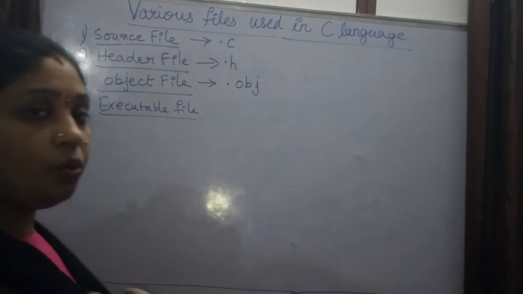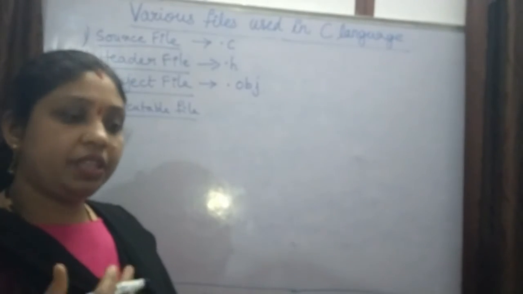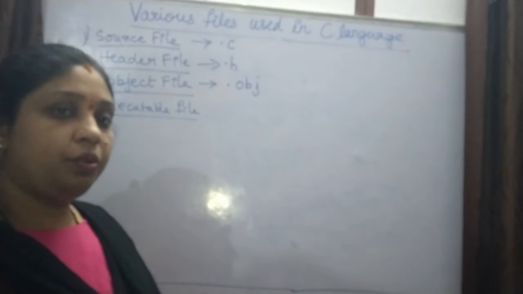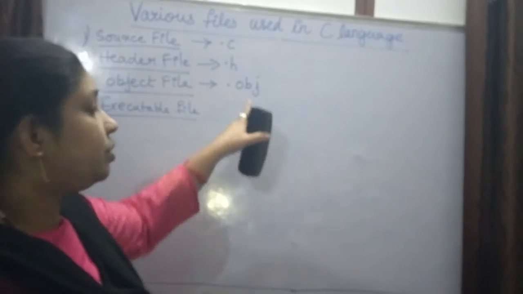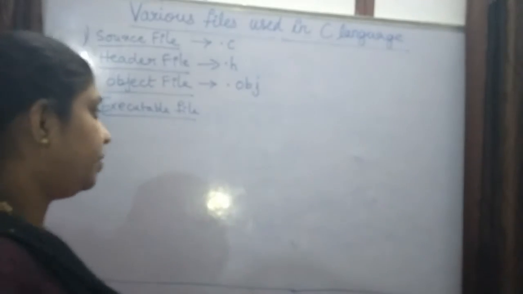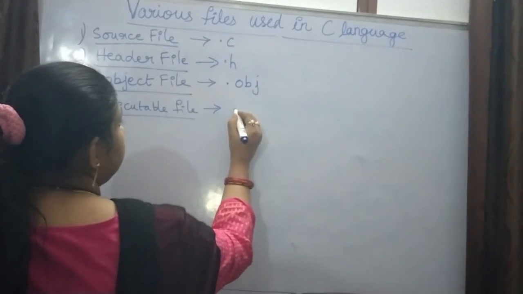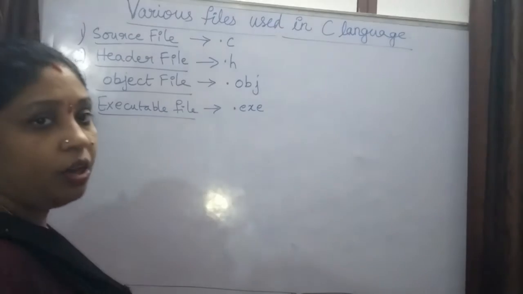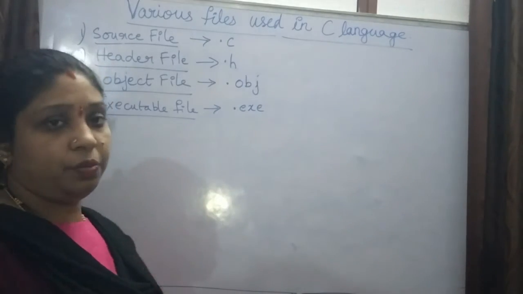How can you identify whether it is an object file or an executable file? Object file means you will have .obj. Then what is the extension for the executable file? It is .exe. This is the executable file.